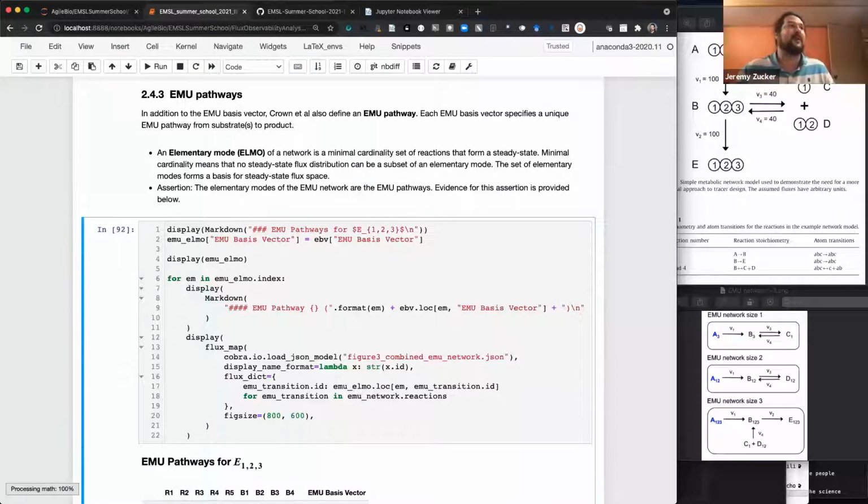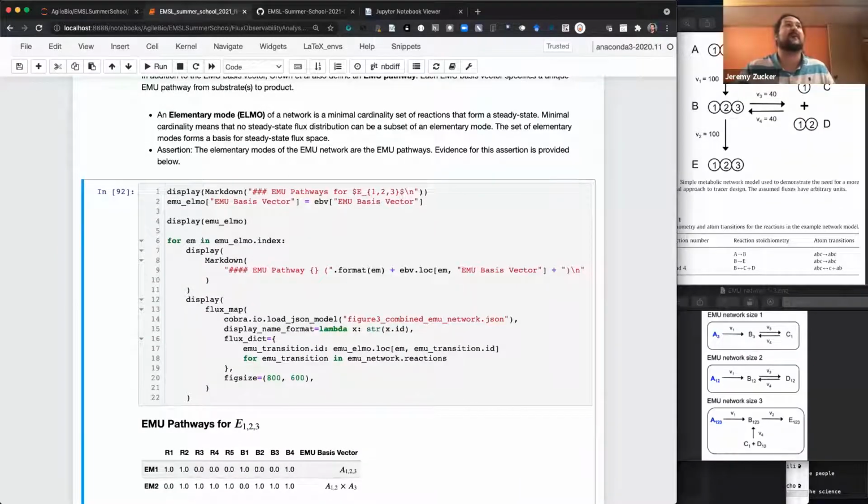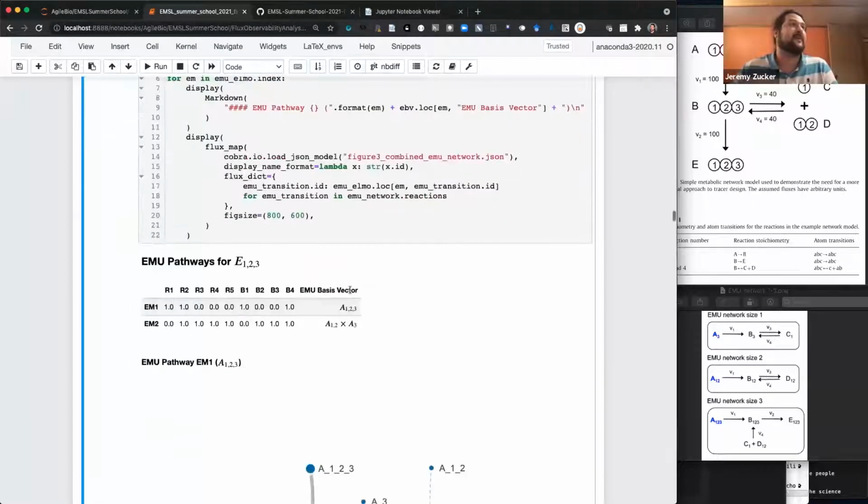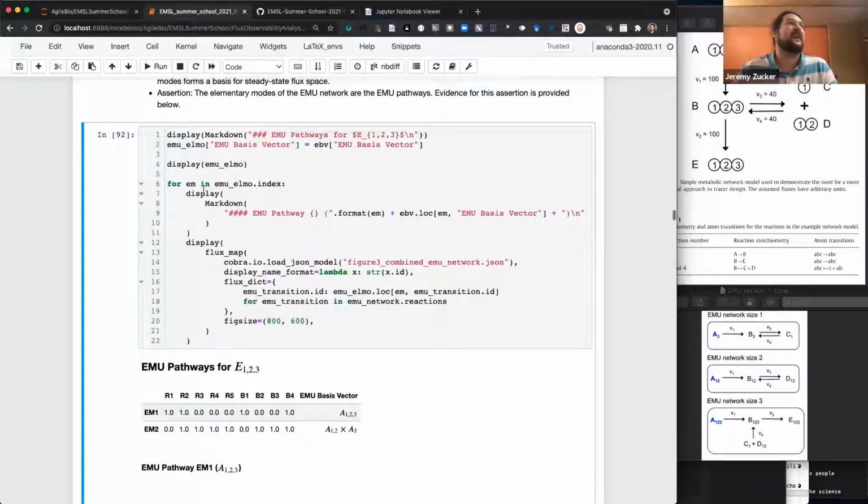If you recall the elementary modes previously, these were networks of minimum cardinality sets of reactions that form a steady state. And I'm going to assert here that the elementary modes of the EMU network are in fact the EMU pathways. So here are the EMU pathways. I used my elementary modes analysis to calculate the EMU pathways.